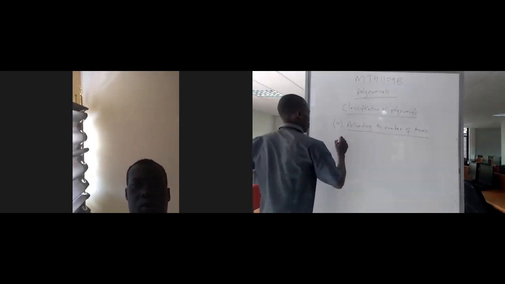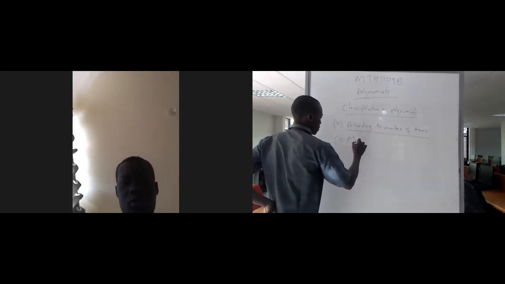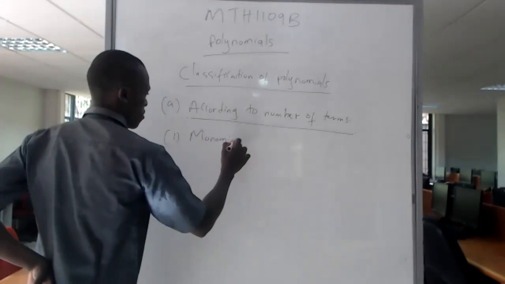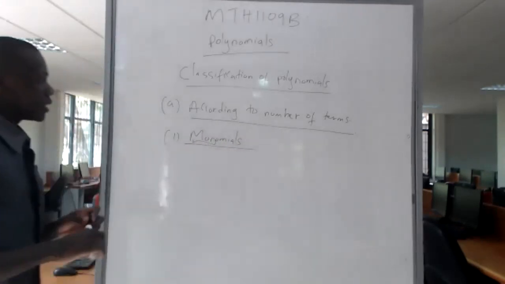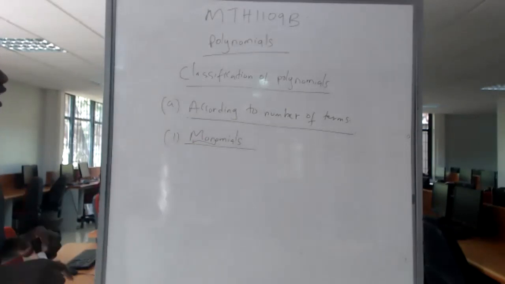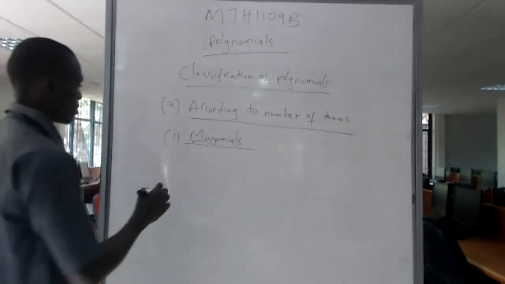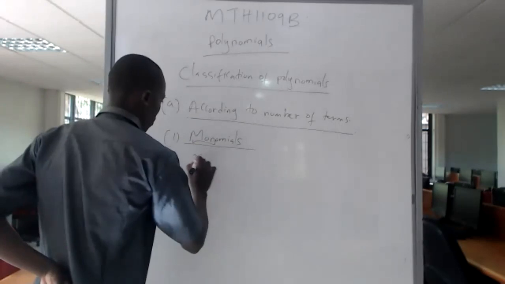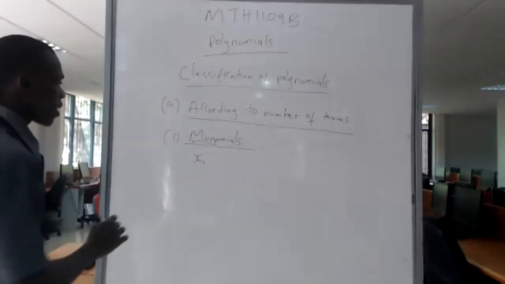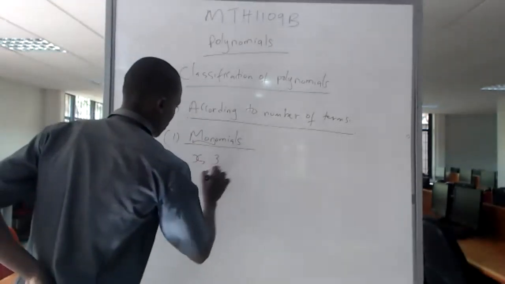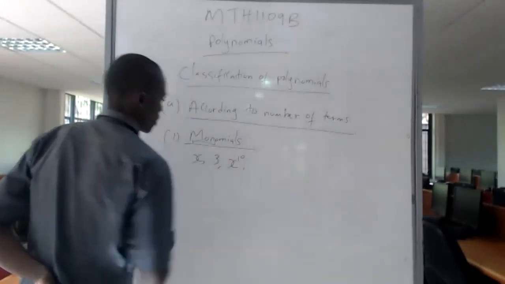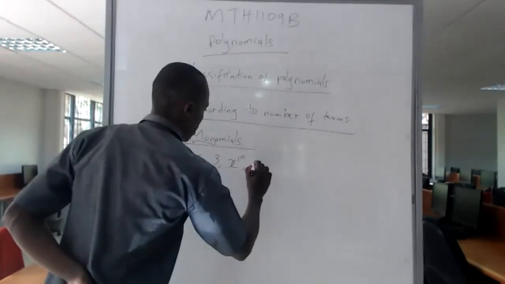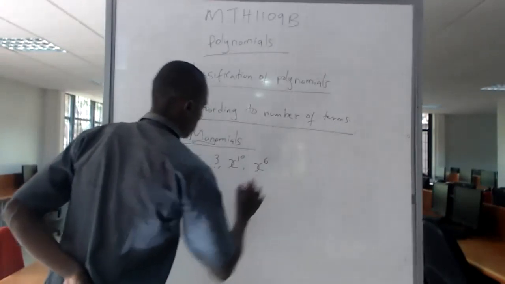So the first classification, we have monomials. Mono from the word one. So these are simply polynomials that have only one term. Example, a polynomial like x. A polynomial like 3. This is a monomial. A polynomial like x to the 10. A polynomial like x to the 6.